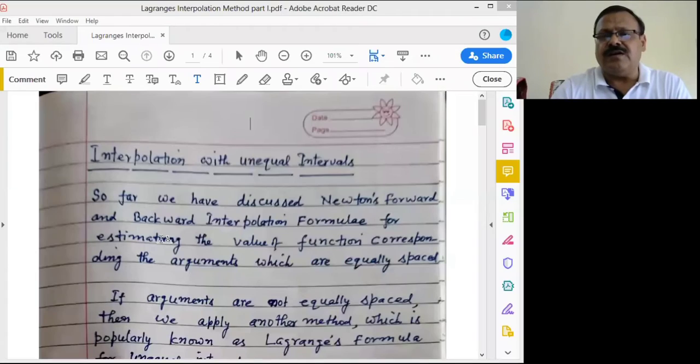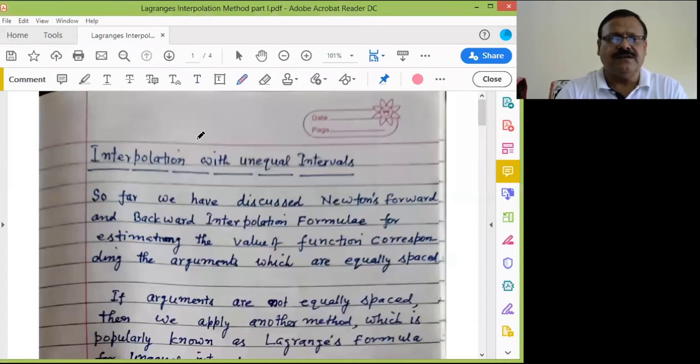This special facility of computation is popularly known as interpolation with unequal intervals. As we know, here everything was equal, and now this one is left unequal.